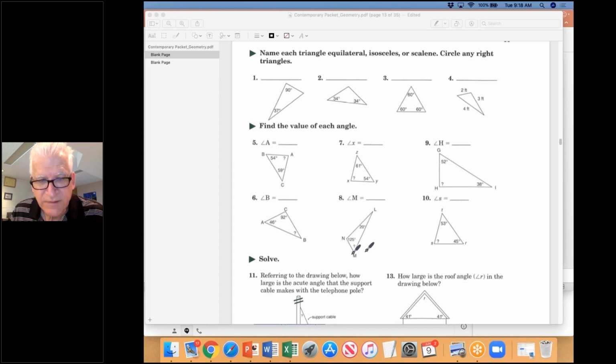This looks like a scalene triangle here. We've got a pretty big angle at 125 and 20. I can do that quickly. It's 145, and 180 minus 145 is going to leave me with 35.